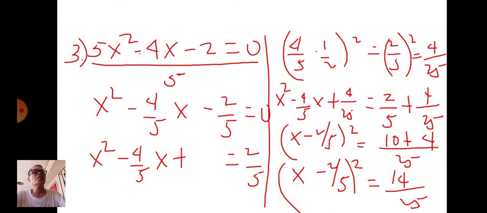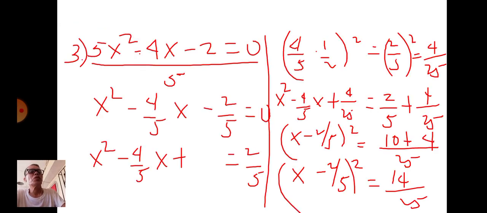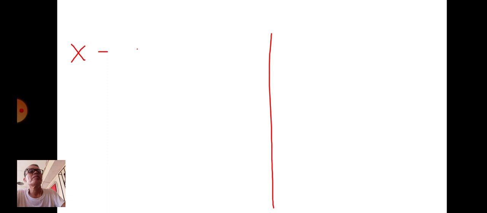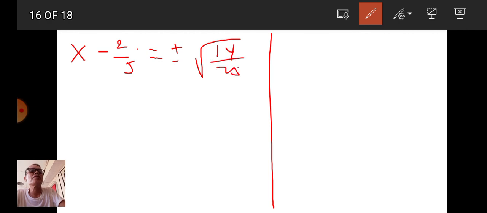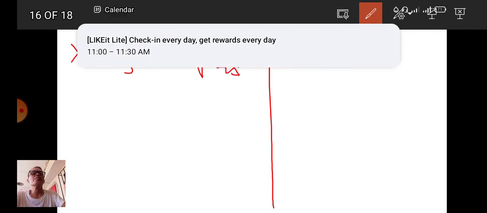So extract the square root. So you will have x minus 2 over 5 is equal to plus minus the square root of 14 over 25.